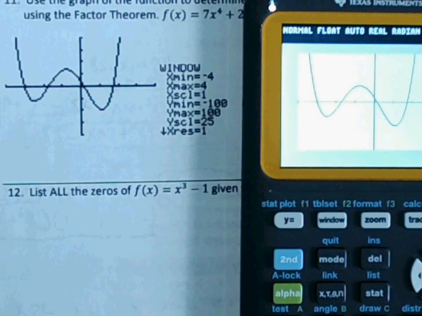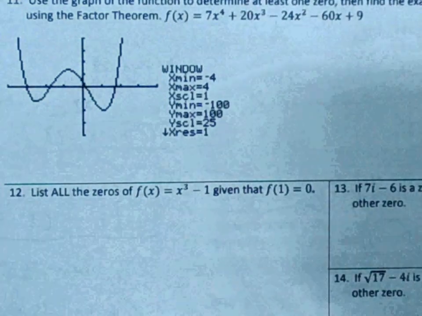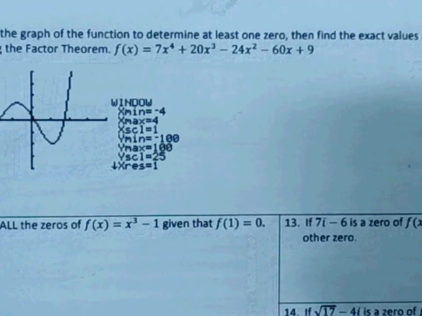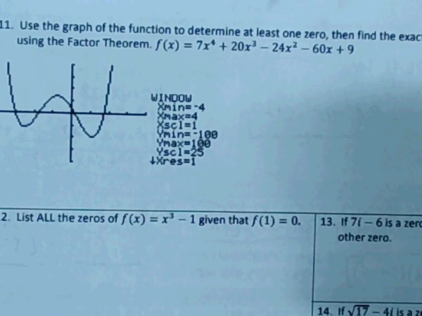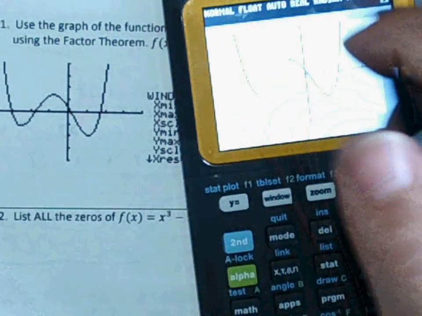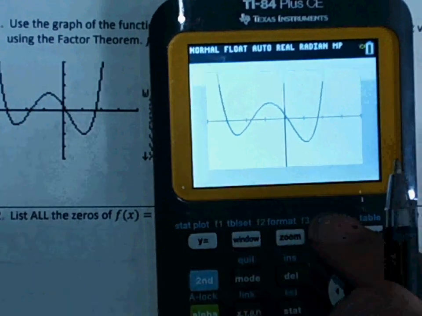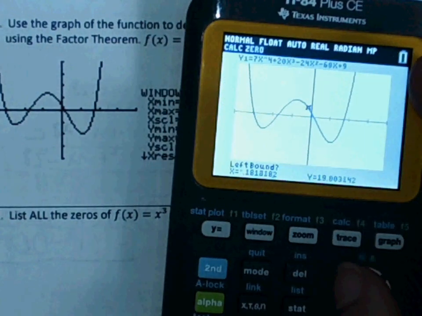Now, the main thing that I'm going to do is use the graph to determine at least one 0, and the 0 I'm going to determine is this one right here, because this one appears to be directly at -3.